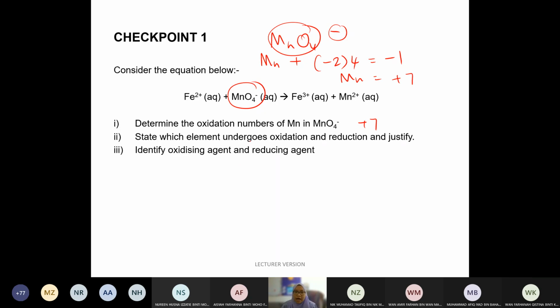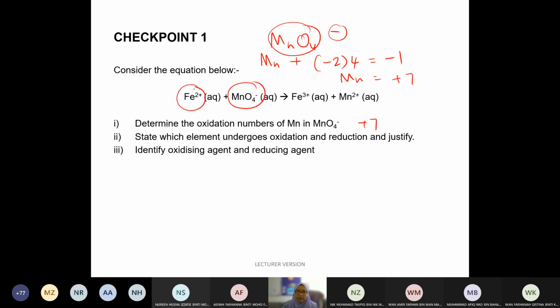State which element undergoes oxidation and reduction and justify. So kita kena check before and after. If you want to identify the oxidation and reduction, you have to identify the before and after for each species in the reaction.